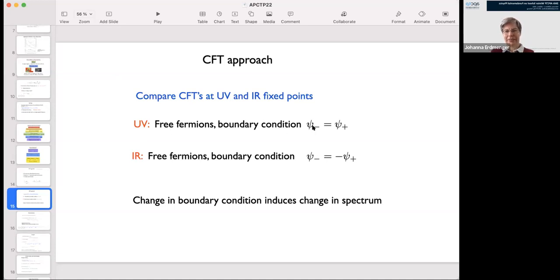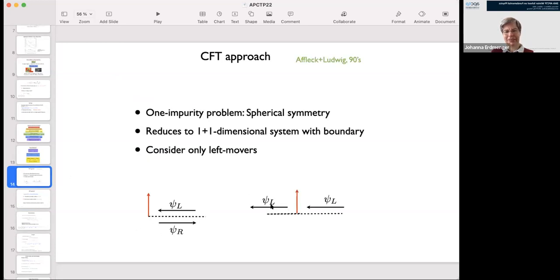Now psi plus will be the left movers on this side, and psi minus will be the left movers on that side, where there are negative values of the radius. And then, of course, at this defect here, there needs to be a boundary condition. So in this sense, this leads really to a boundary conformal field theory construction.